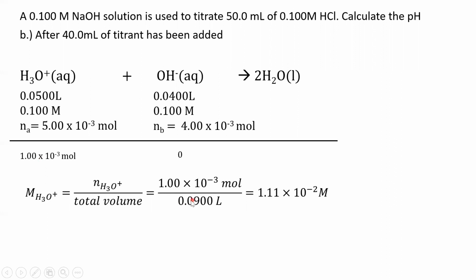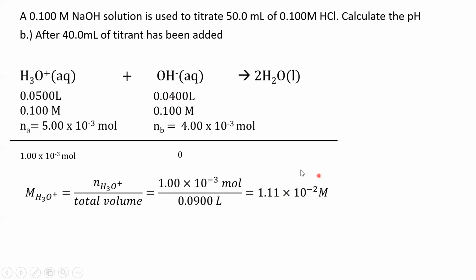But the volume is the total volume in the container. It was 50 milliliters, but we added 40 milliliters of base. So the new volume is 90 milliliters or 0.0900 liters. So we're adding the volumes together in order to calculate the molarity of our hydronium ion.